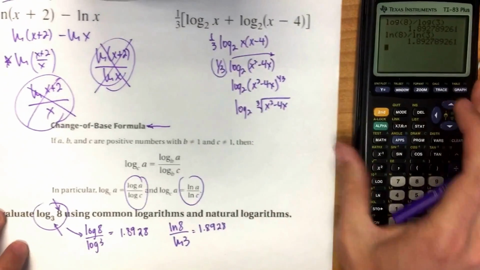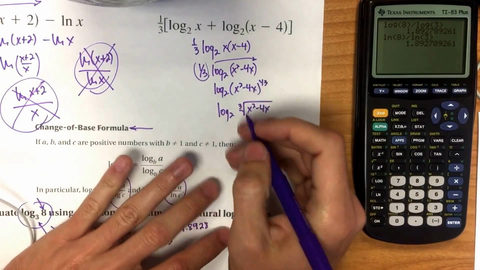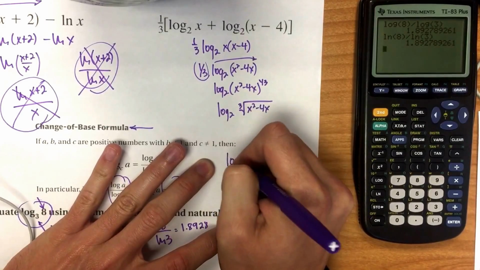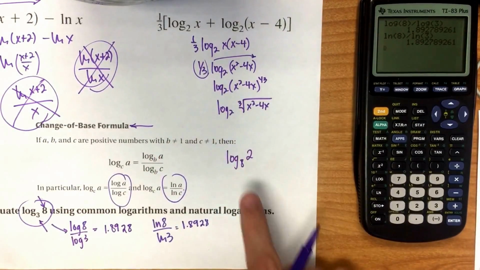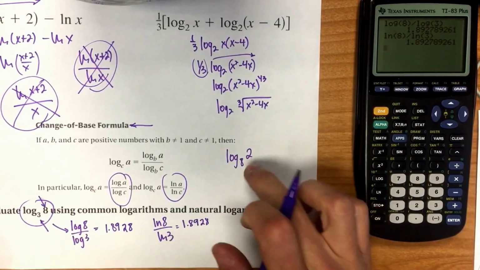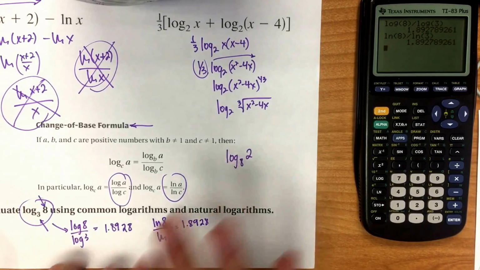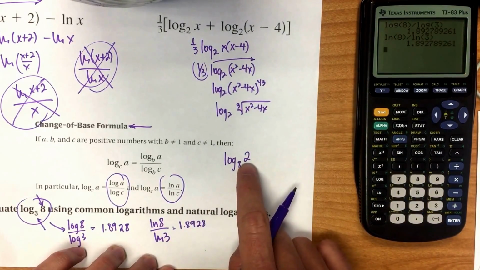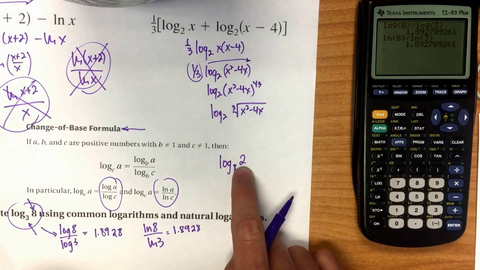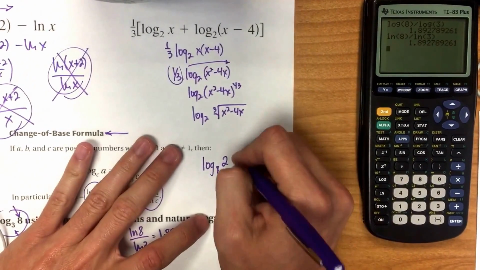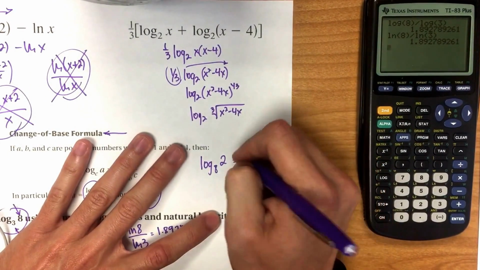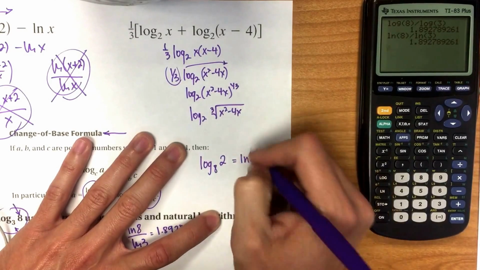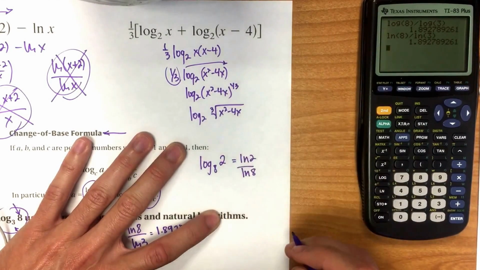So just so we're very clear, if I do something like log base 8 of 2, say I want to evaluate that. This is actually one we can do without a calculator, but just for this purpose. When I say log of the big number, the 2 is the big number because it's the bigger script. So I would rewrite this in change of base formula as natural log of 2 over natural log of 8.